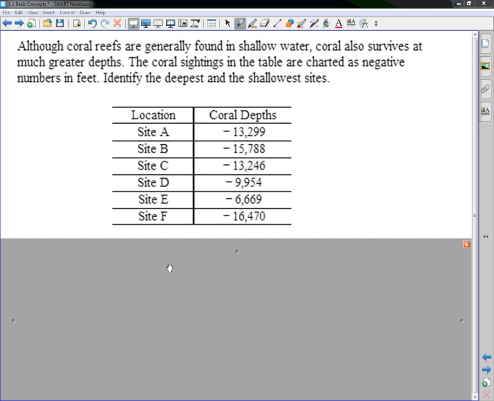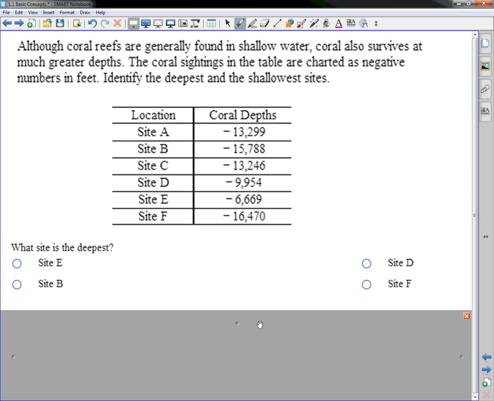Okay, we're going to look at an application problem where we're using negative numbers to represent the depth of some coral. So we have a few different sites where we have the depths listed, and we're going to answer some questions about them. So it says, what site is the deepest?